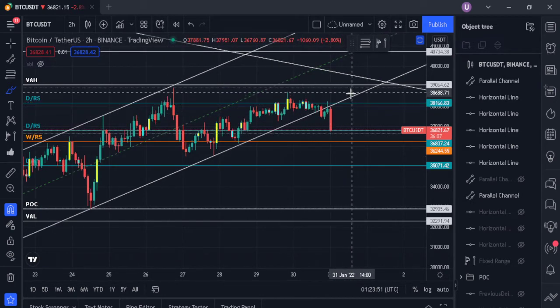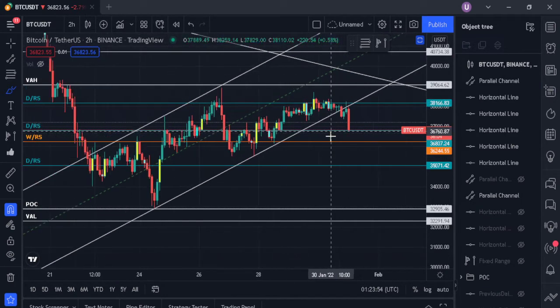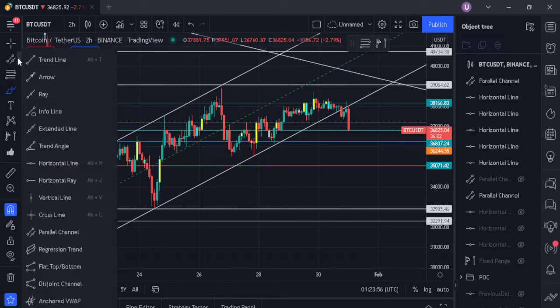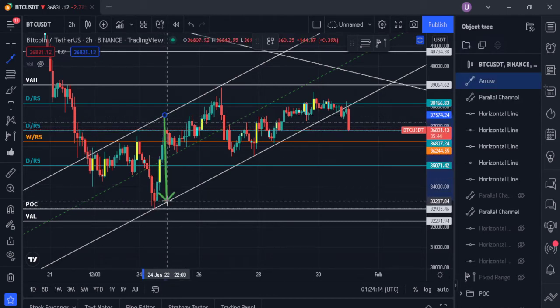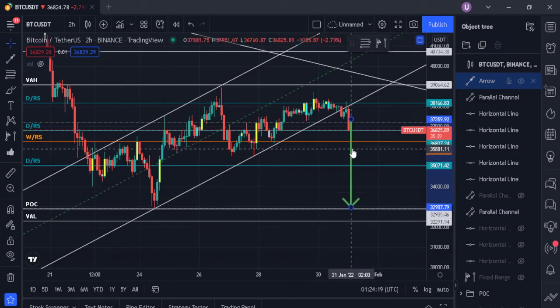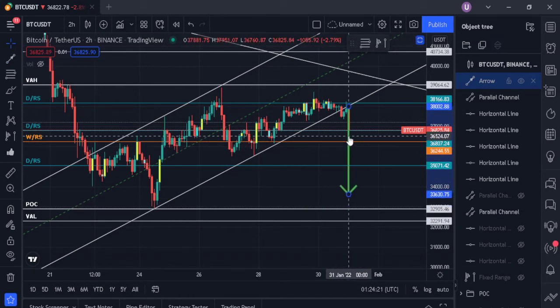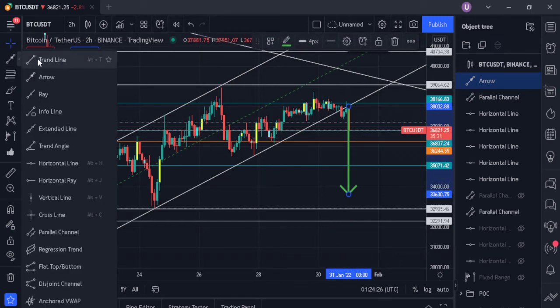Since that parallel channel is broken to the downside, if we try to measure how much it fell down, let's go from this down to this area. So we could look at this area.